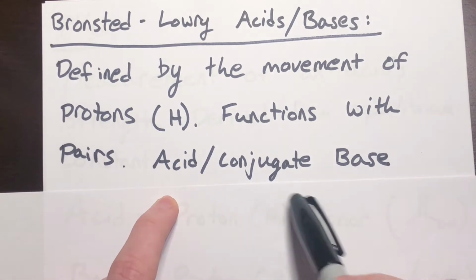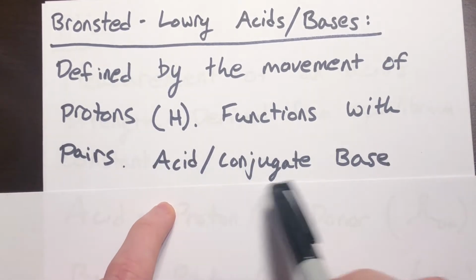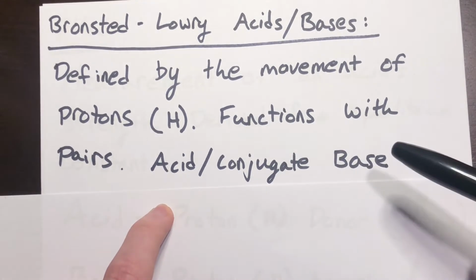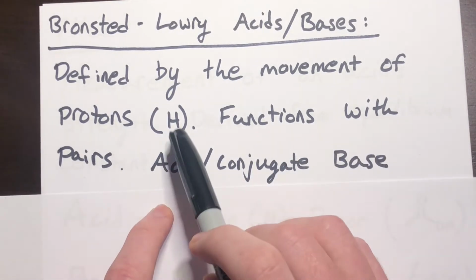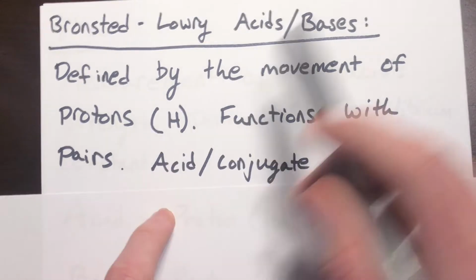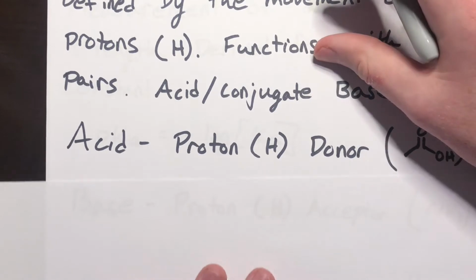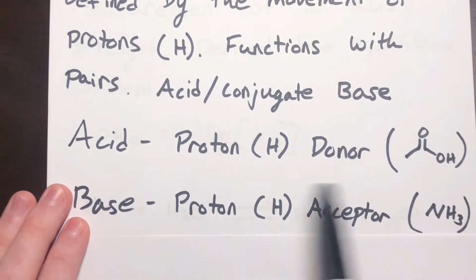I'll work through several examples to explain how you identify the acid and base pairs and what this conjugate idea means, but this is the entire idea of the Bronsted-Lowry definition, and it's useful to keep that in mind as we're doing all these problems, that it's the movement of the protons that we are looking at here under this definition.